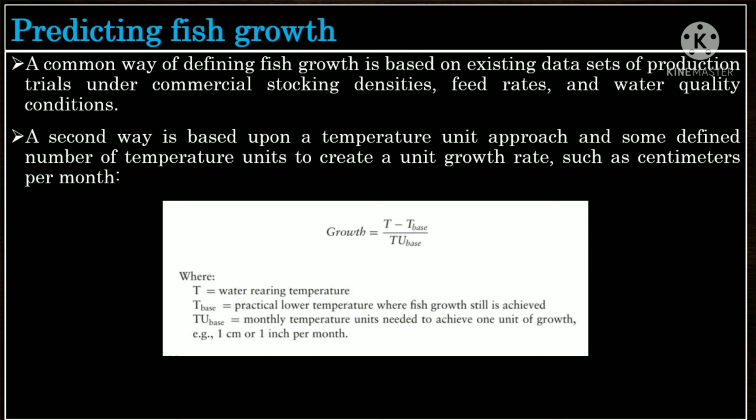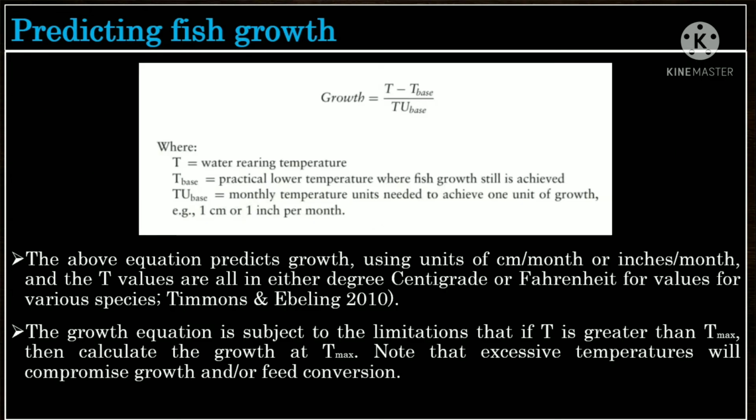So the second way is based upon the temperature unit approach, and some define the number of temperature units to create a unit growth rate such as centimeters per month. So as you can see in the figure, the above equation predicts the growth using the units of centimeters per month or inches per month, and the T values are all in either degrees centigrade or Fahrenheit for the various species.